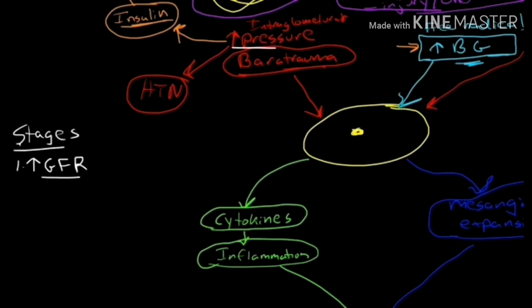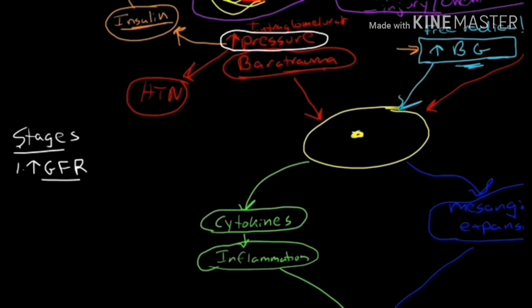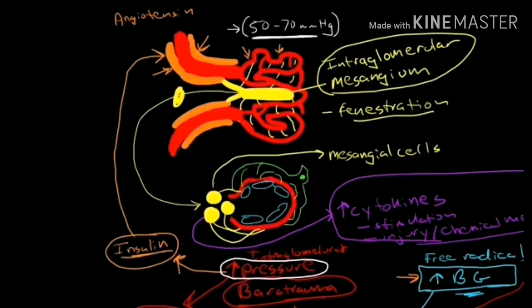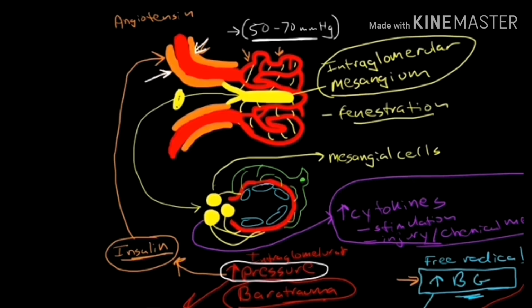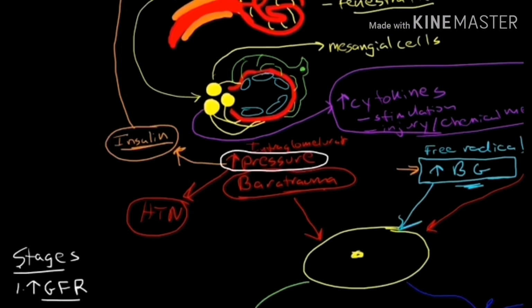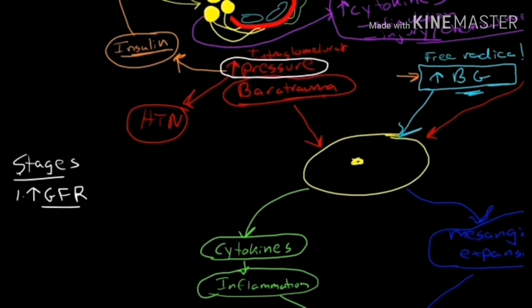Well, we have increased pressures here due to the insulin and other hormones and cytokines causing efferent arteriolar vasoconstriction. And this increases the intraglomerular pressure, and that increases filtration pressure, right? That's due to increased filtration pressure.